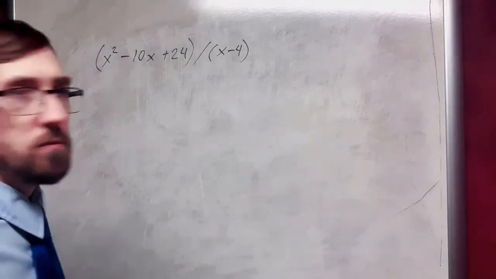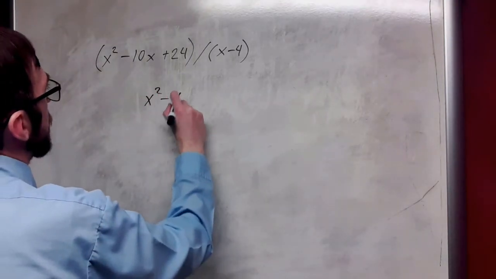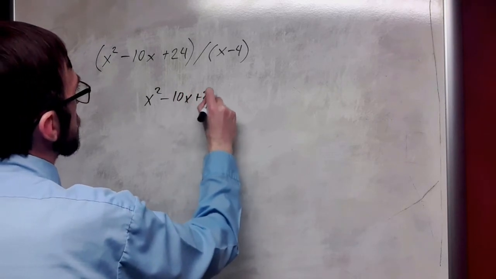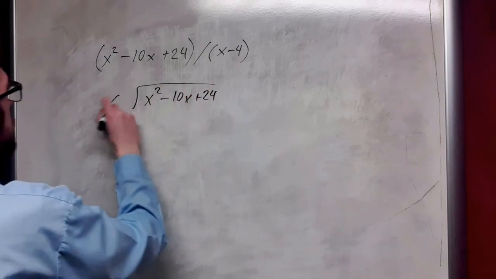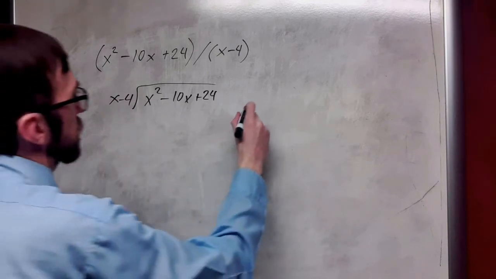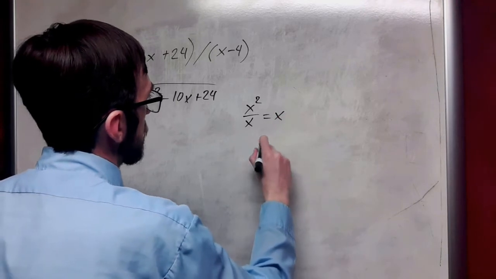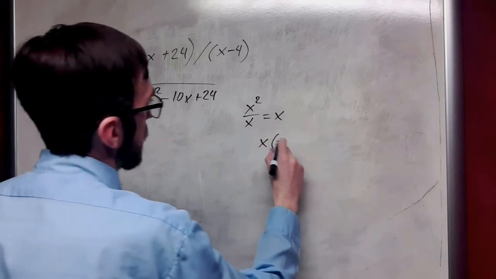All right. Looking at this, I want to rewrite it inside the division bracket. And then I'm going to create my ratio of first terms and multiply that by the number on the outside.